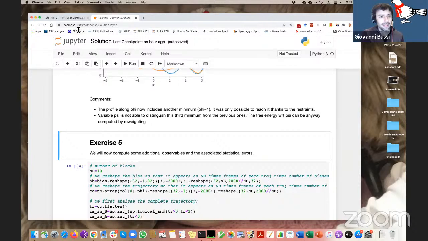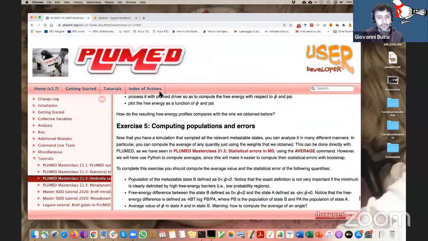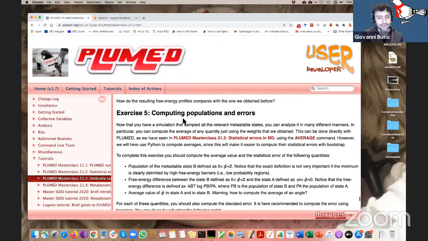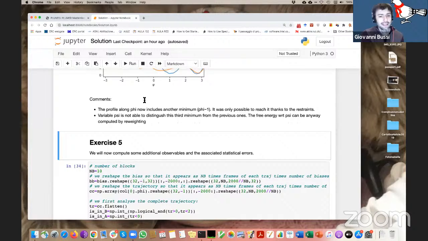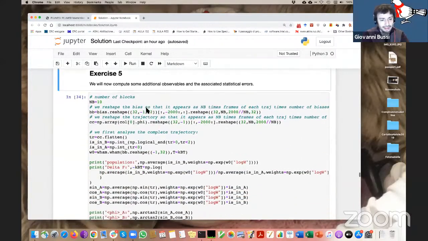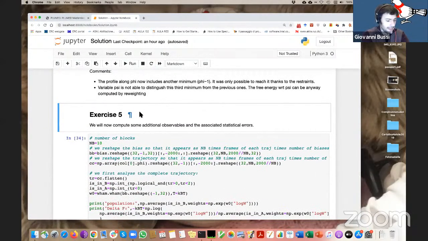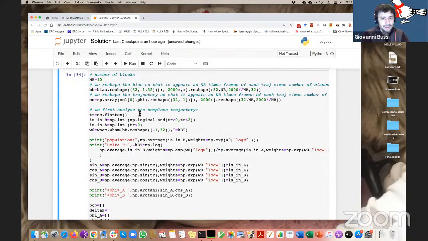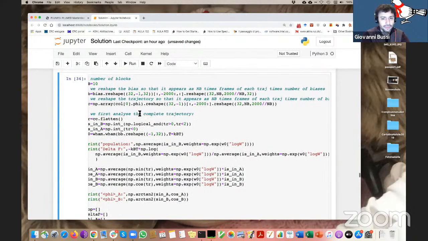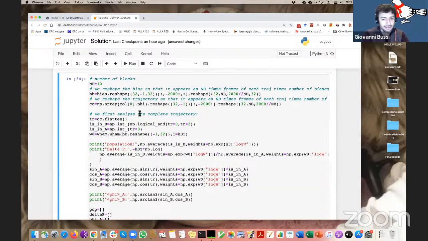Okay, great. So exercise number 5, computing populations and errors. Not just populations, also averages in general. One thing that I wanted to do, because it's instructive, is to compute quantities that are not just free energy profiles. The reason is that sometimes people think that with WHAM they can only compute free energy profiles, but actually you don't have this limitation.